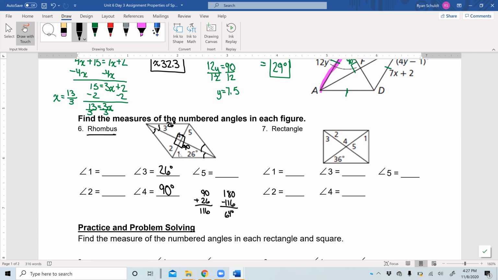So that means 1 has to be 64 degrees, which means 2 has to be 64 degrees, which means 5 has to be 64 degrees. Because remember, these angles are congruent. Okay, well, there's that one.